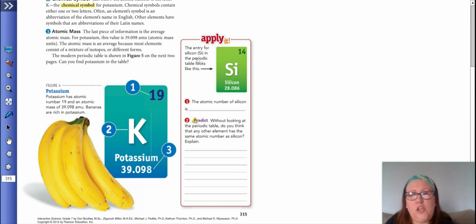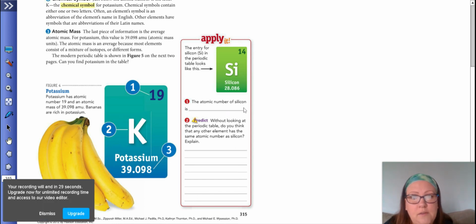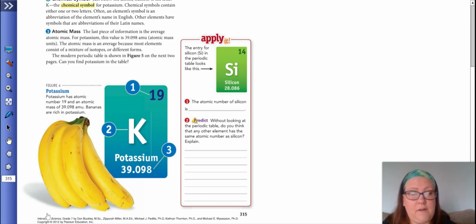So on this one, you need to figure out what the atomic number is of silicon, which would be located where I'm pointing here. And it says, do you think any other element has the same atomic number as silicon, and explain why? So think about what you just read on the page before, and think about those types of important bits of information as well.